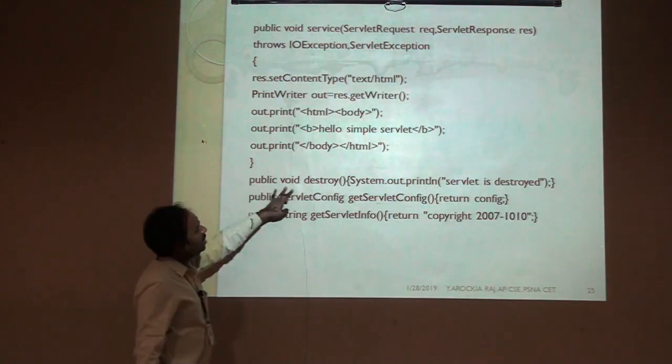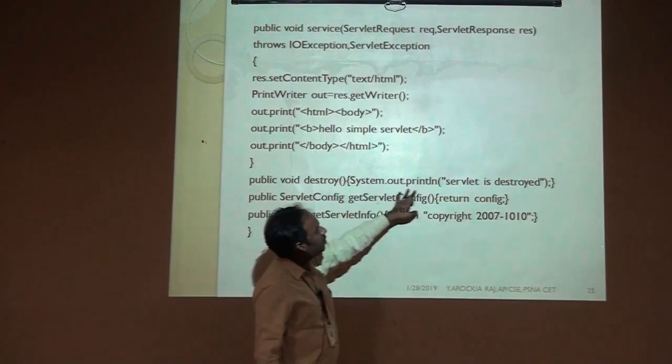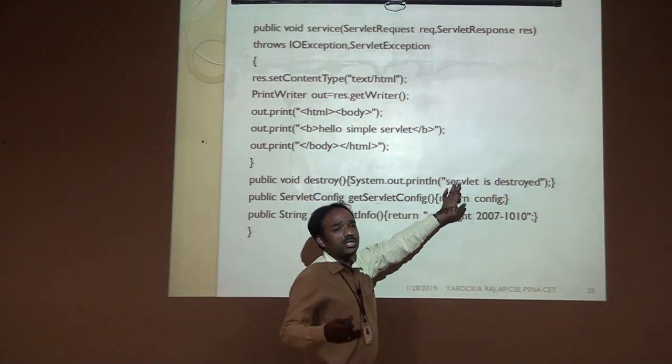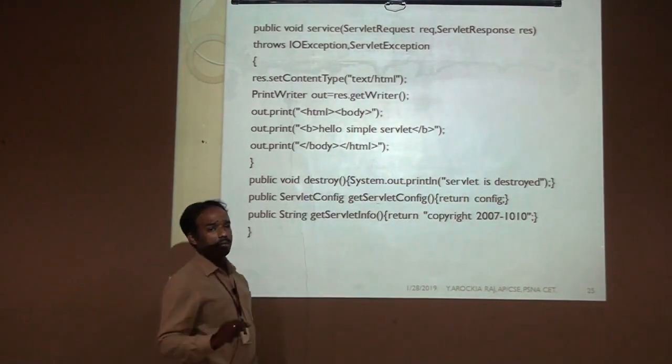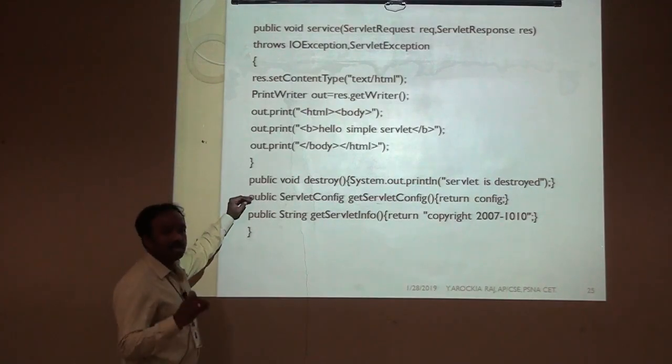And then in the destroy method I am just writing System.out with a message to the user. This will be executed at the end of the program, once the connection is disconnected.